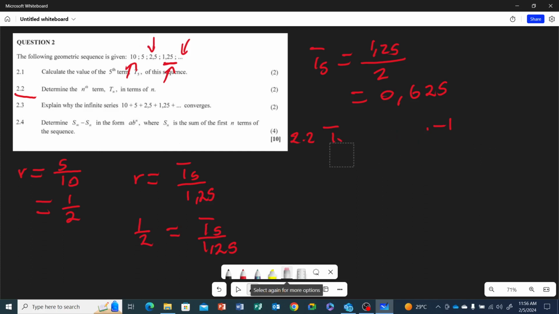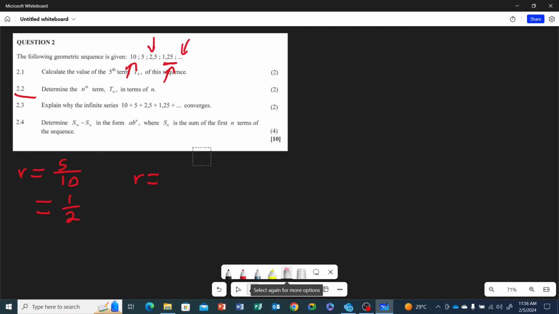Now when they are asking you to determine if the infinite series converges, what do they mean? Okay. Now how do we know a converging sequence? A sequence converges when the limit is known.